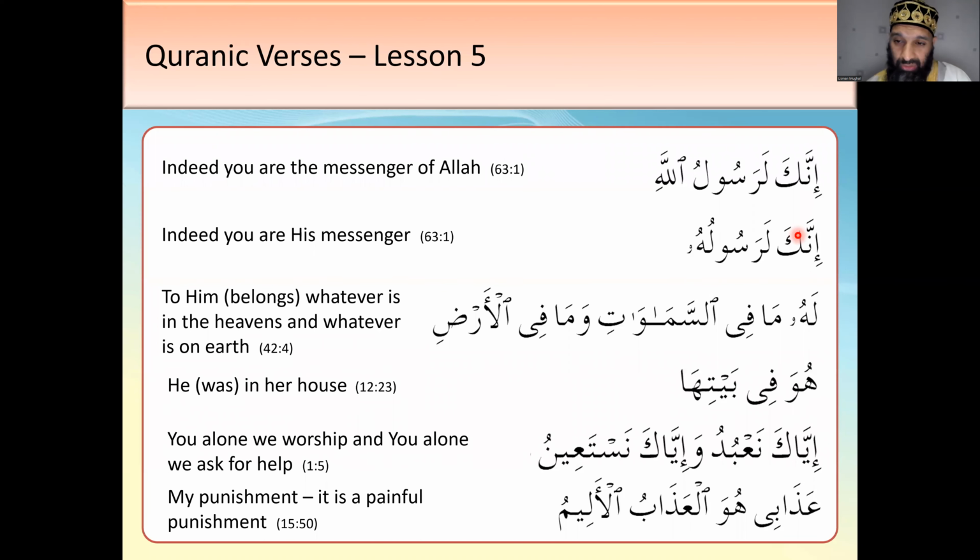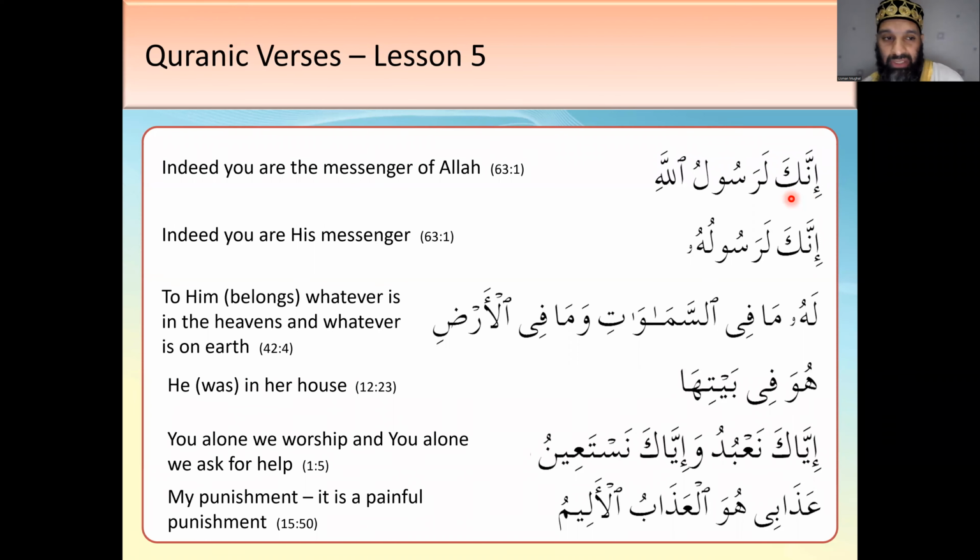The ka, what can you learn from that? Innaka is talking to a masculine person. It's not innaki. If it said innaki, that would be talking to a woman or a female person. But this one's talking to a male. Innaka, indeed you. Now, if you didn't know that table, you would not know what innaka means.